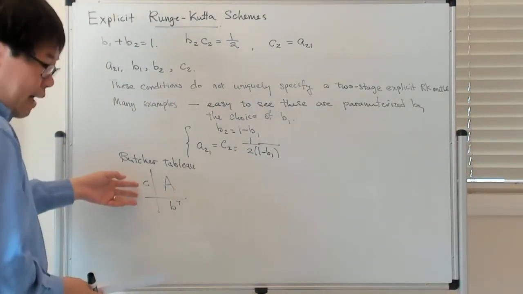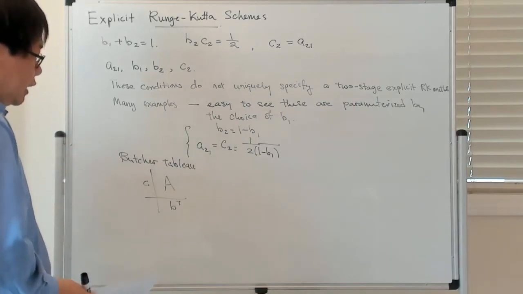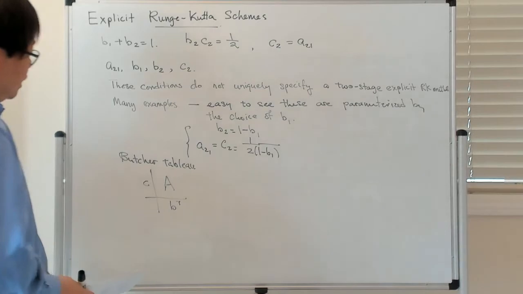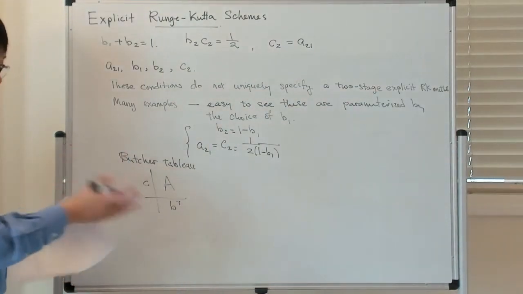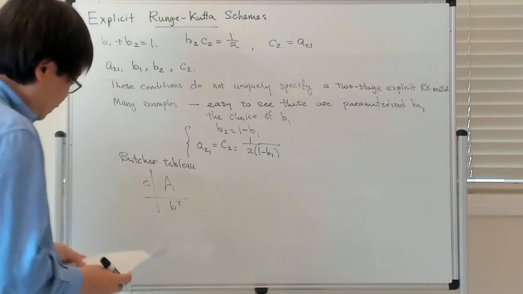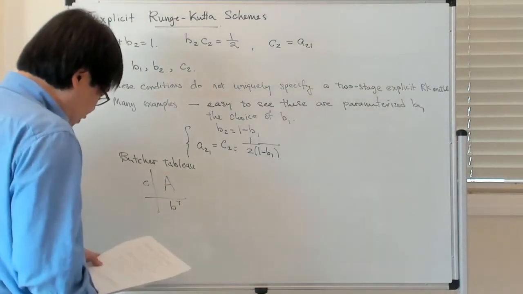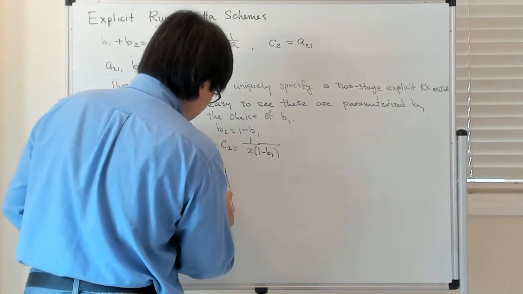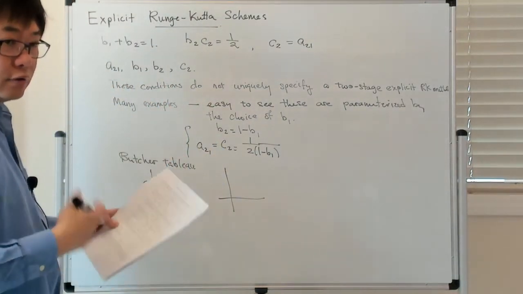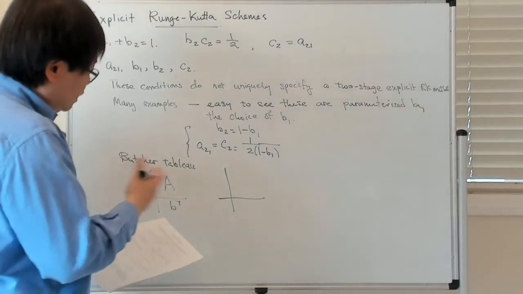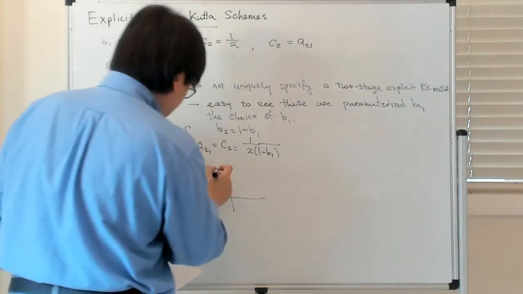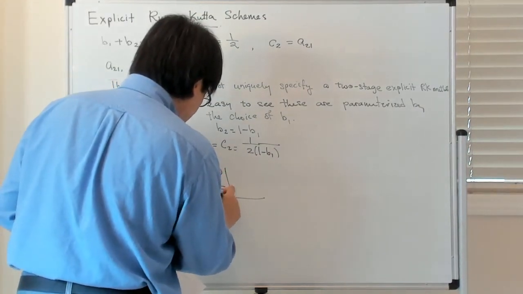Okay, so we'll go back to discussing Butcher tableaus, how you can transcribe Runge-Kutta methods into this form and go back and forth between them later on. But for now, let me just throw this out there. Looking at two-stage explicit Runge-Kutta methods which are second-order accurate, there's a parametrized family of them, and I'll give you some examples of this.